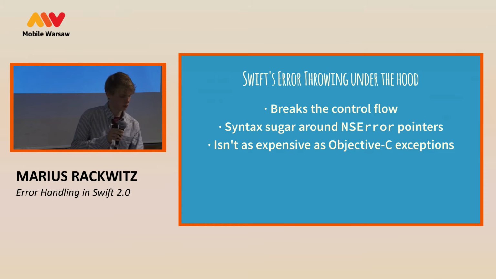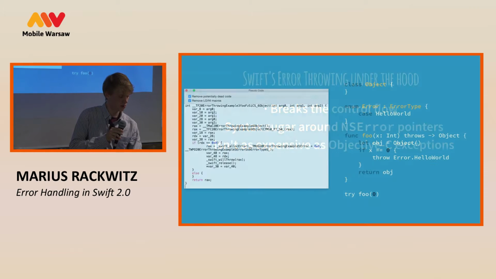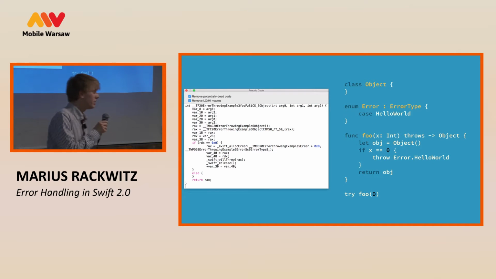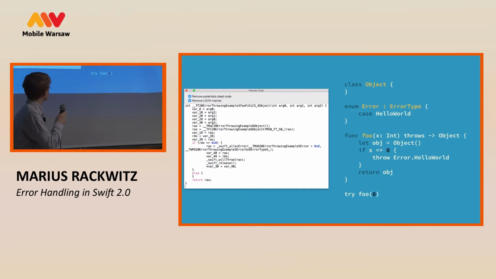But yeah, let's stay around the disassembly, and here's a little program I compiled and threw the binary into Hopper, a popular disassembler. And here you will see on the left-hand side the pseudocode of the foo method.